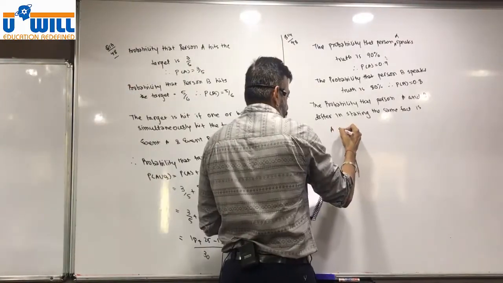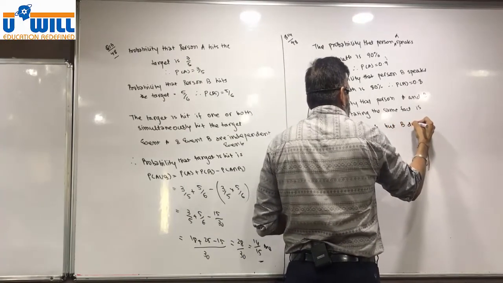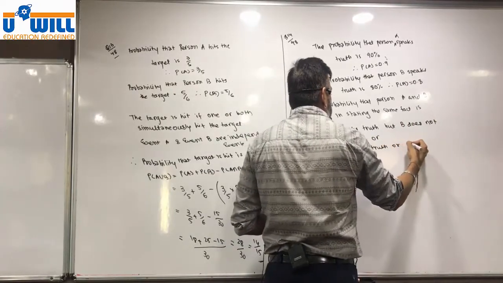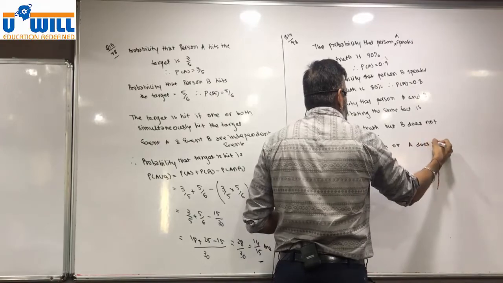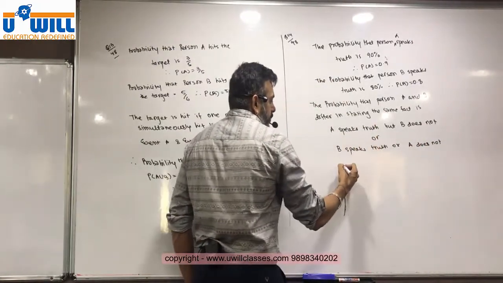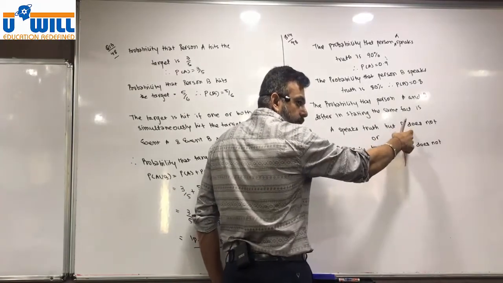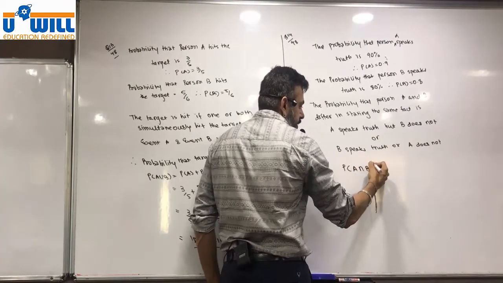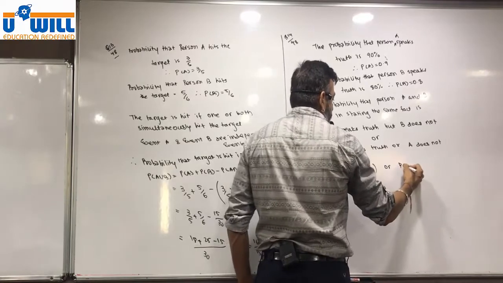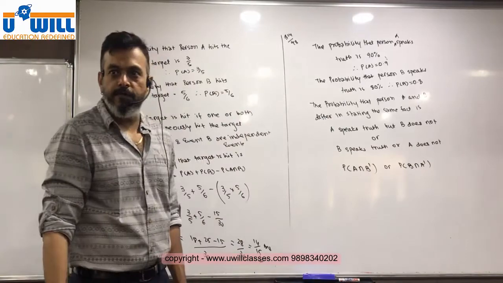So, A speaks truth but B does not, or B speaks truth but A does not. Now what does this mean? A speaks truth is probability of A but B does not, so A intersection B complement, or probability of B intersection A complement, which is difference event.